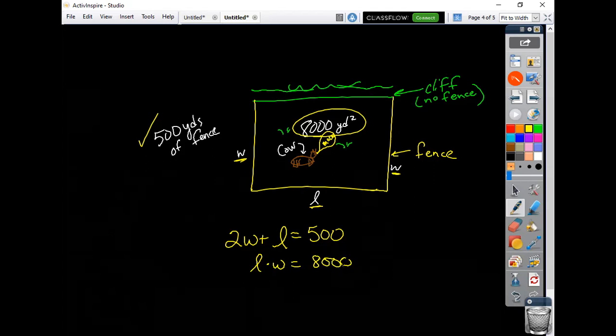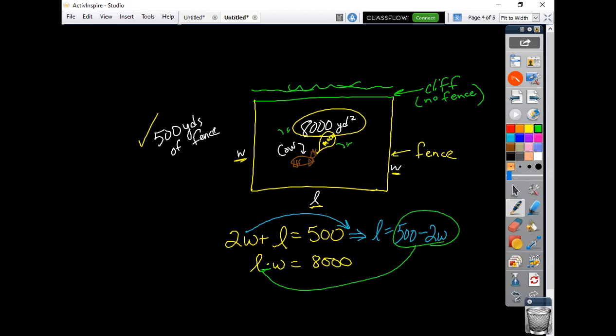And then to solve this, I think I would do substitution. I would subtract this 2W over here. So I'd change this one into the length equals 500 minus 2W. And then I would replace the length right here with that if it were me.